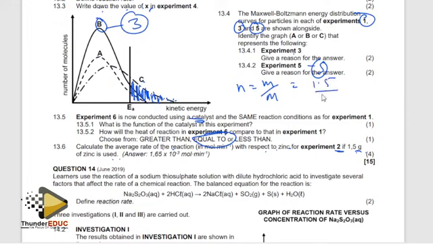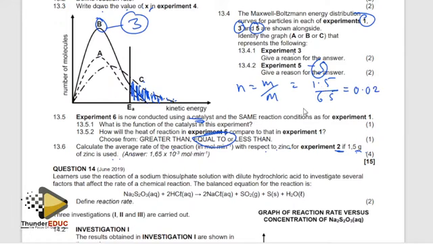Zinc is 64.5, yes, 65. You can check from the periodic table and then find the exact answer. So here it is going to be maybe 0.02. It could be 0.02 there. Use the calculator and then find out.